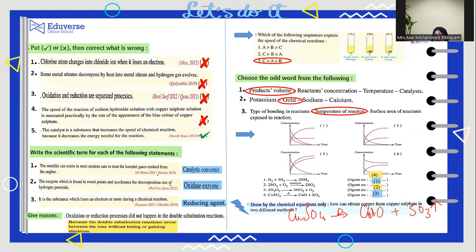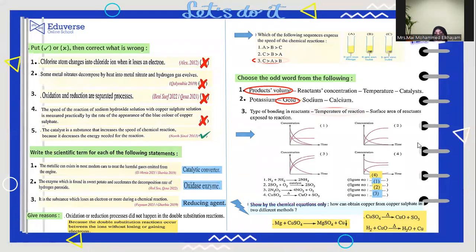Copper oxide here, I can take it plus hydrogen, so it will give us copper plus water. This is a way. Another way, I have copper sulfate plus magnesium. Magnesium will take the sulfate, leaving copper alone. This is the first way, and this is the second way.